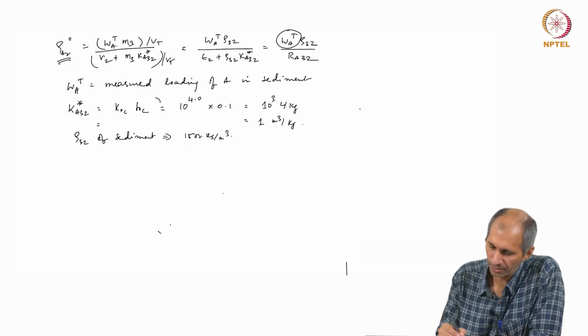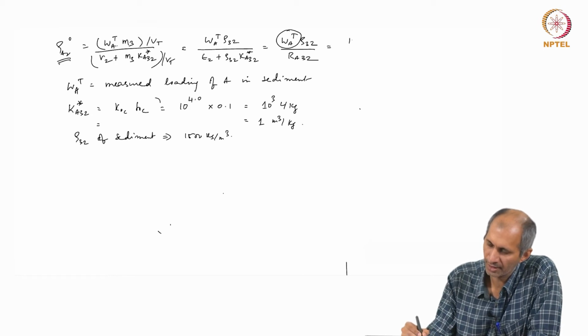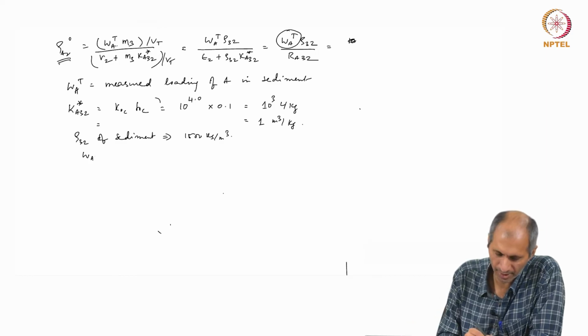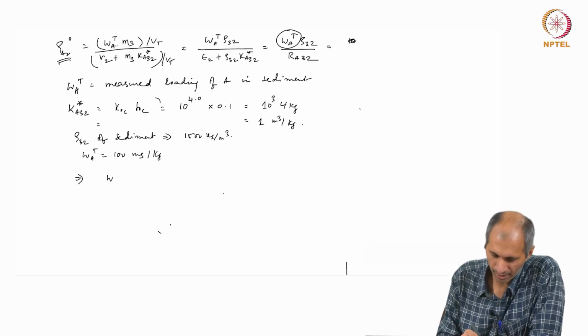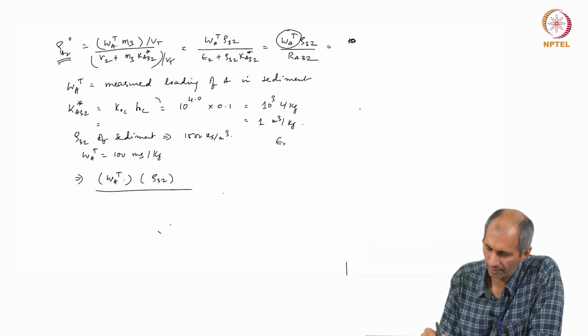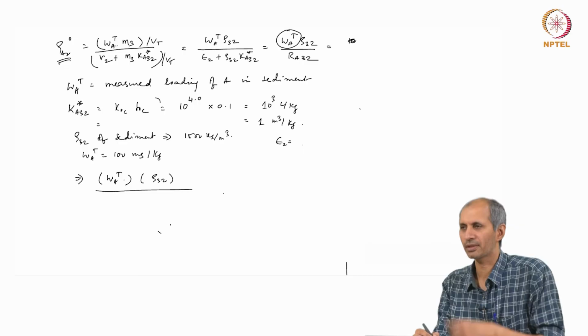If I put these two, let us say the WAT is 100 milligrams per kilogram dry sediment. Okay. This equation here is WAT into rho 32, epsilon. What is the maximum value of epsilon?